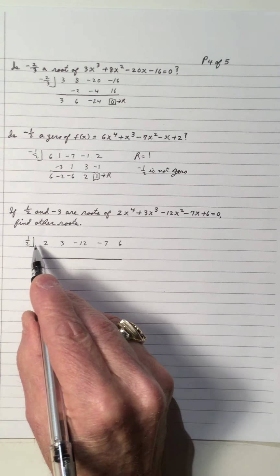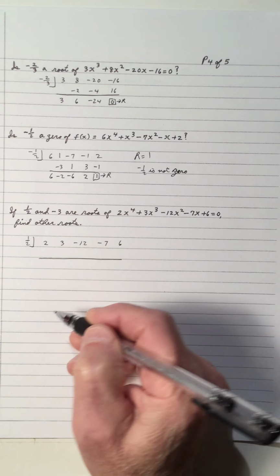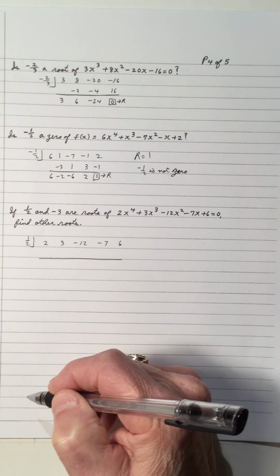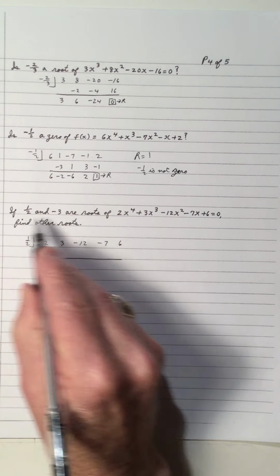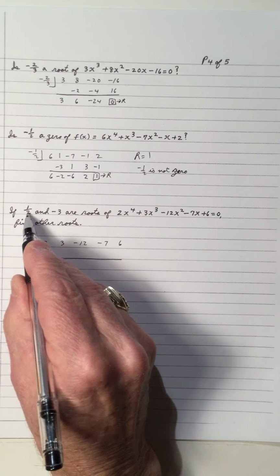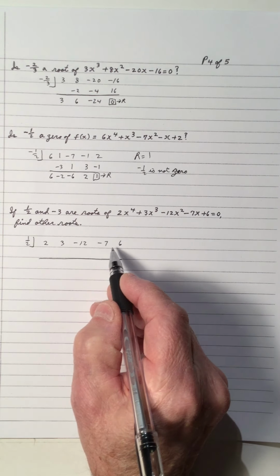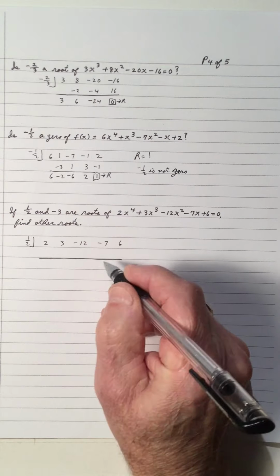So doing synthetic division, I get a depressed equation, and that'll become a quadratic. So we start with x to the 4. When I'm finished, I'll end up with a quadratic that I'm going to solve.